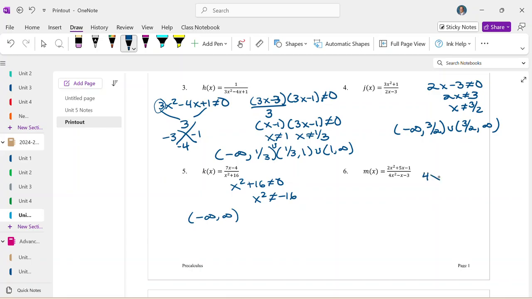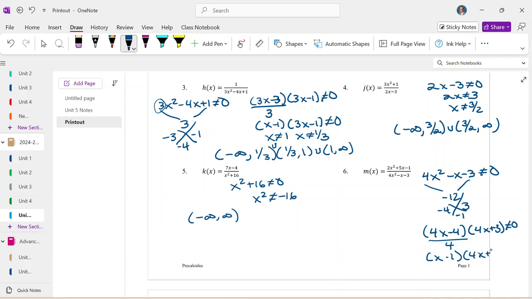Here on the bottom, 4x squared minus x minus 3 cannot equal 0. So the factors of negative 12 that add to negative 1 are negative 4 and positive 3. So here when you divide by 4, you get x minus 1 and 4x plus 3.